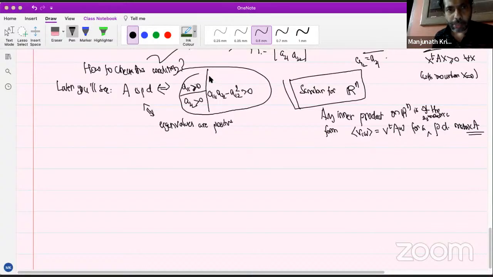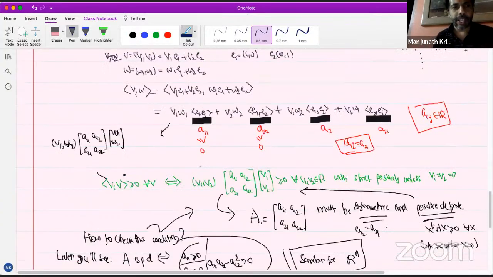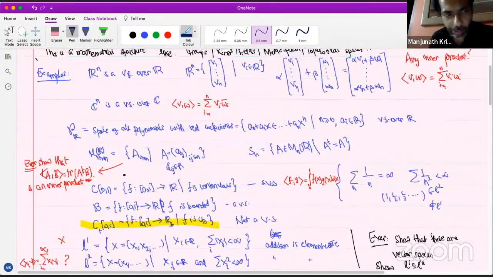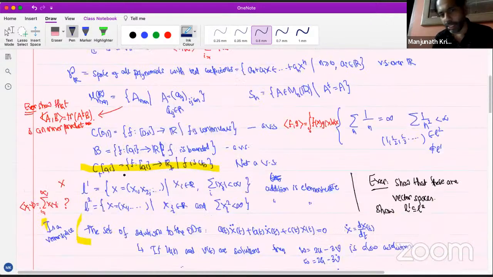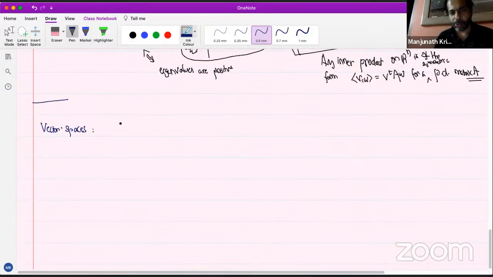Okay, I went into a slight digression, but not a digression, it's something that I wanted to tell anyway. But now let's come back to what you do with vector spaces. One of the first things you study about vector spaces, we'll come back a little bit to linear transformations, next class also, which is on Thursday.